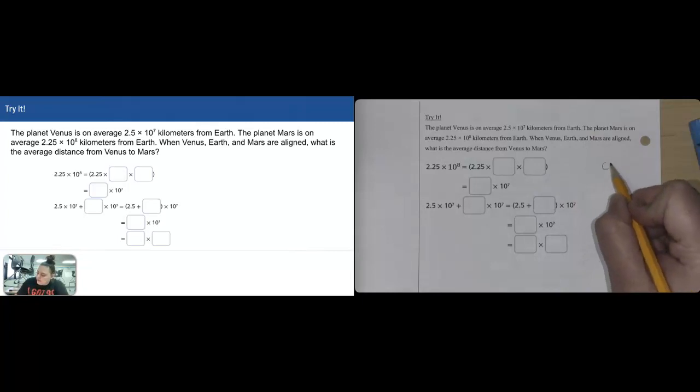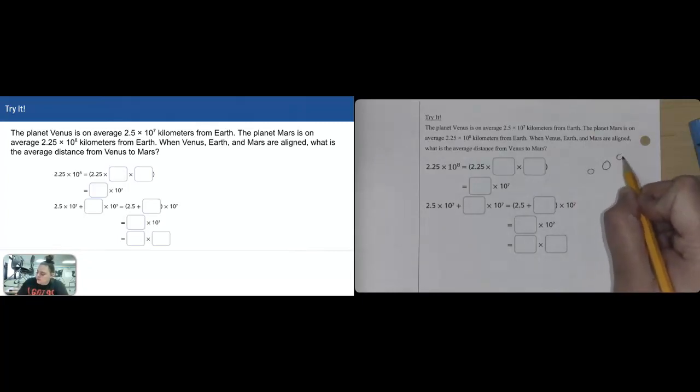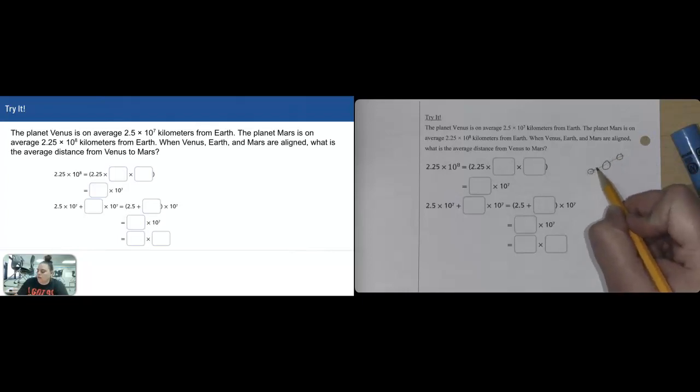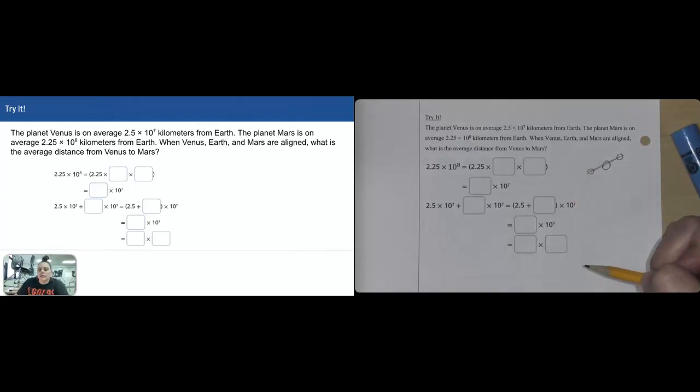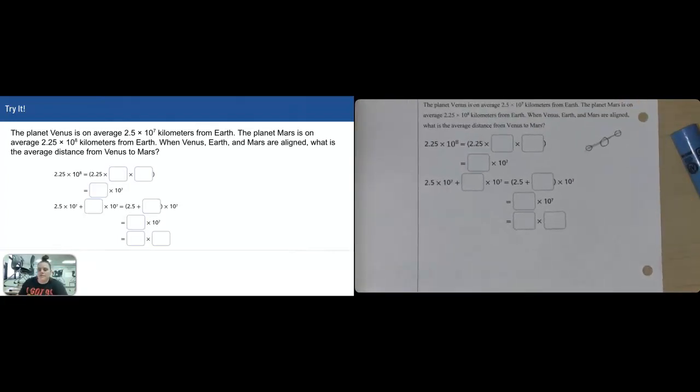So Earth is here. This is Earth. Venus is on one side and Mars is on the other. Okay, so when they line up, we're going to add those two distances from Earth to figure out what is the total distance here. So fill in the blocks and then resume the video to see if you got it right.